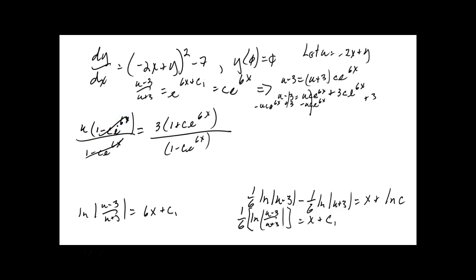Now plug back in what u is. And u is y minus 2x. So y minus 2x is equal to 3 times 1 plus c e to the 6x over 1 minus c e to the 6x. And then add 2x to both sides.